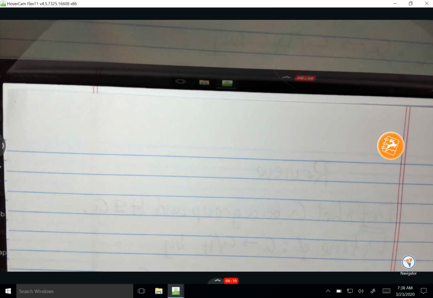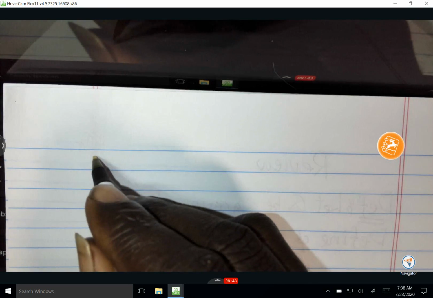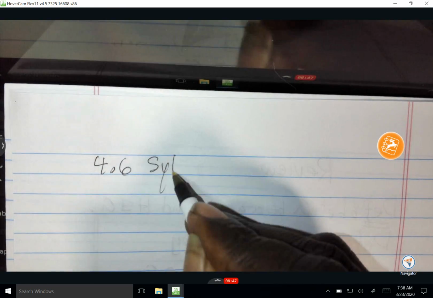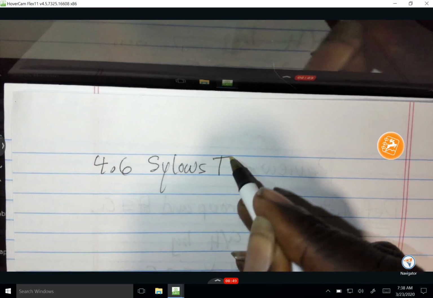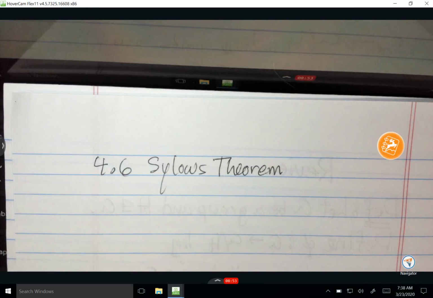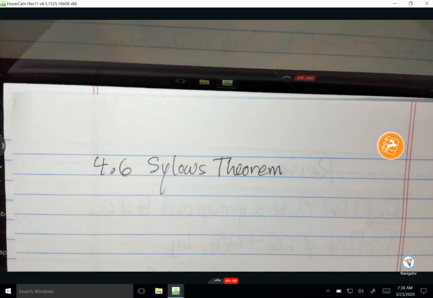Okay, so the next section in the book is called 4.6, and it's called Sylow's theorem. Ludwig Sylow was a Norwegian mathematician, and he discovered something very interesting about group theory that applied to any finite group.